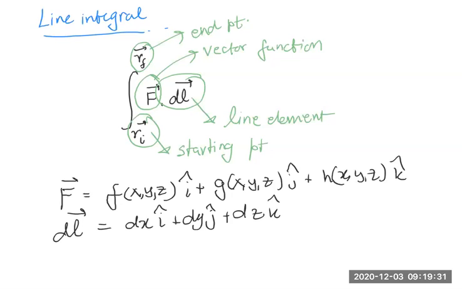Okay, so today we are going to discuss how to work out the line integral. Okay, and this is going to be very different from how to work out a normal integral. Okay, there may be similarities, but mostly it is going to be different.